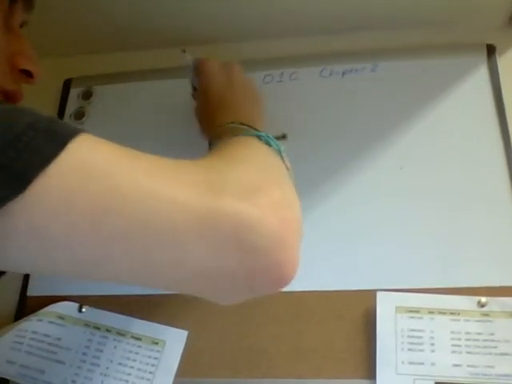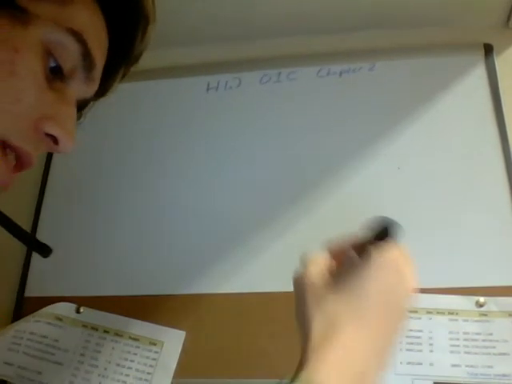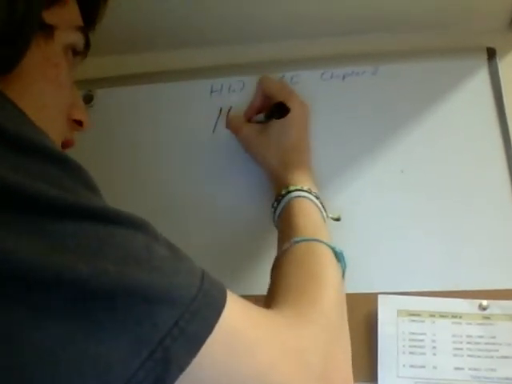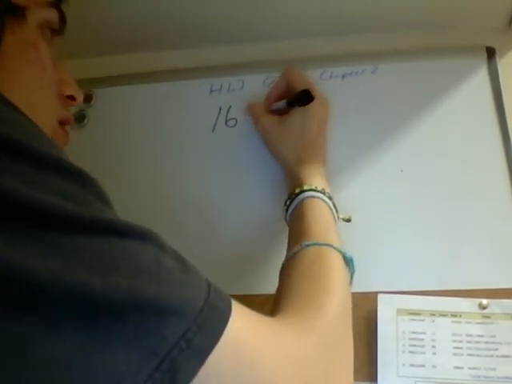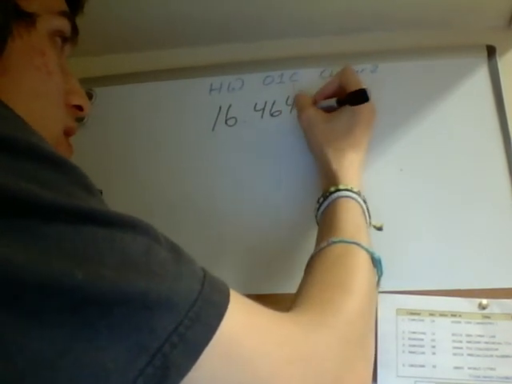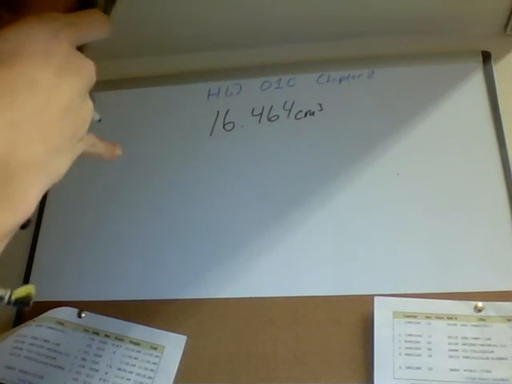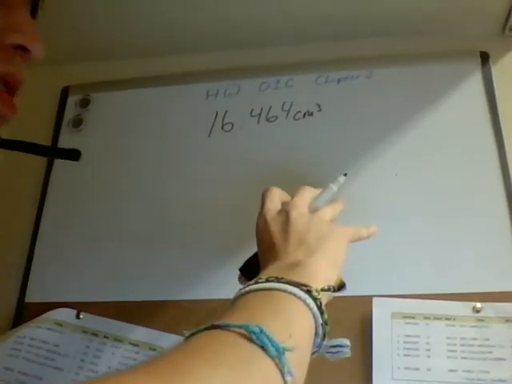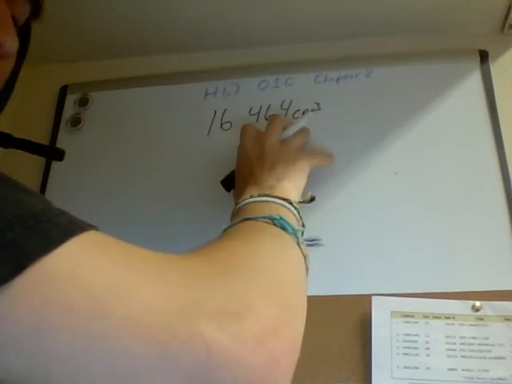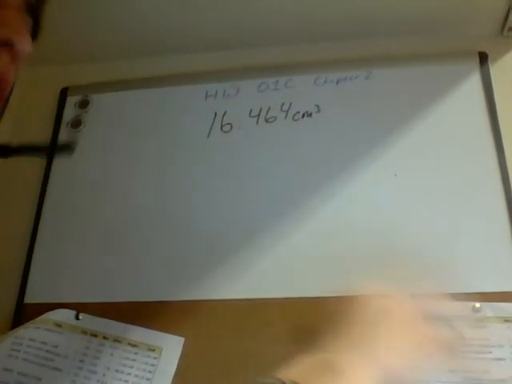So you just calculated how much is actual space taken up by the atom, which is 16.464 centimeters cubed. That's for all of the atoms in the cube.